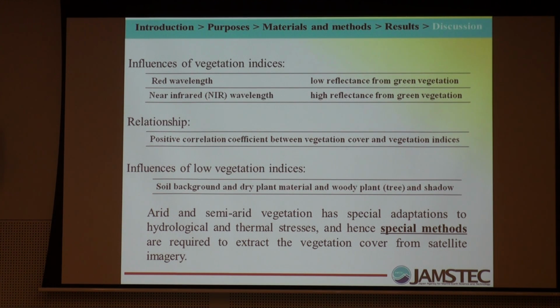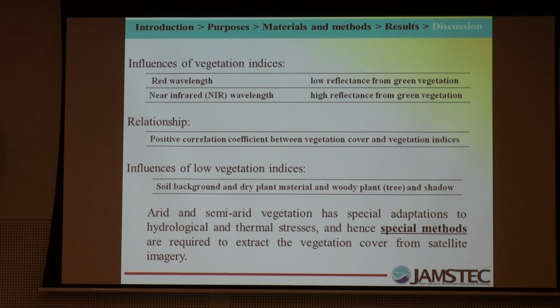But for arid and semi-arid regions, soil background and plant material and woody plants are such an important factor for the vegetation indices. For this reason, we input the total wavelength of the multispectral data. You can see all of the relationships had a positive correlation coefficient between vegetation cover and vegetation index.